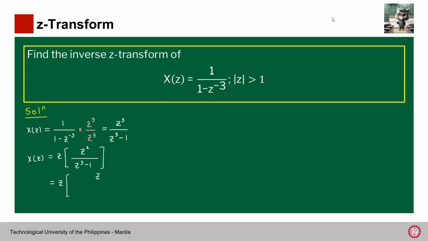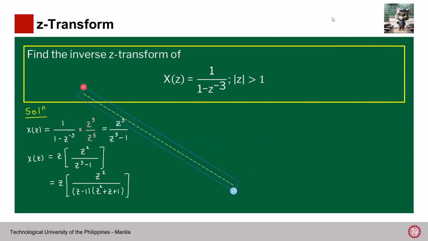We have Z squared here, and the factors of Z cubed minus 1 are Z minus 1 and Z squared plus Z plus 1. Alternatively, you can use your calculators to get the roots of Z cubed minus 1, because it has three roots. Here we did it one by one.